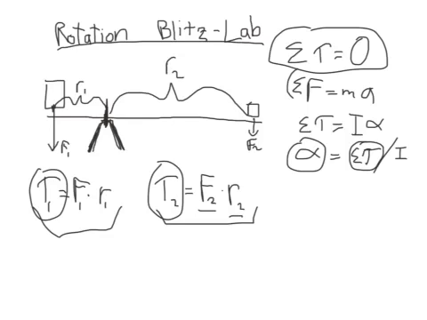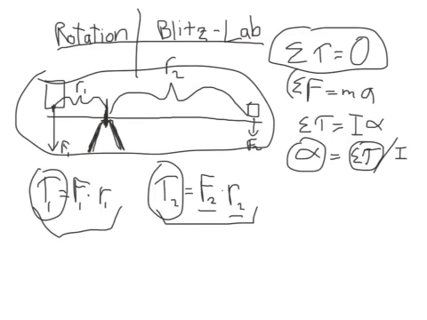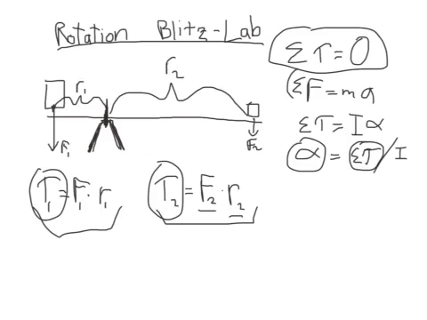But what about translational static equilibrium? This teeter-totter board could not be rotating, but maybe the whole thing is just going upwards. Actually, from the force vectors we've drawn already, it looks like it's going downwards. But we've forgotten to draw an important force vector, which is this here.